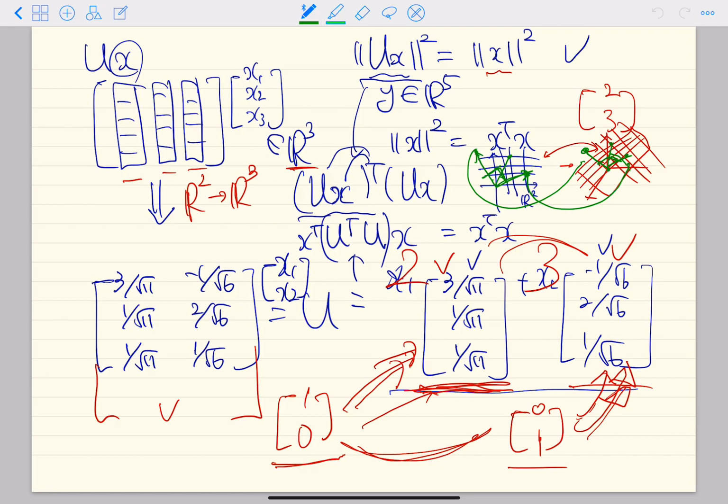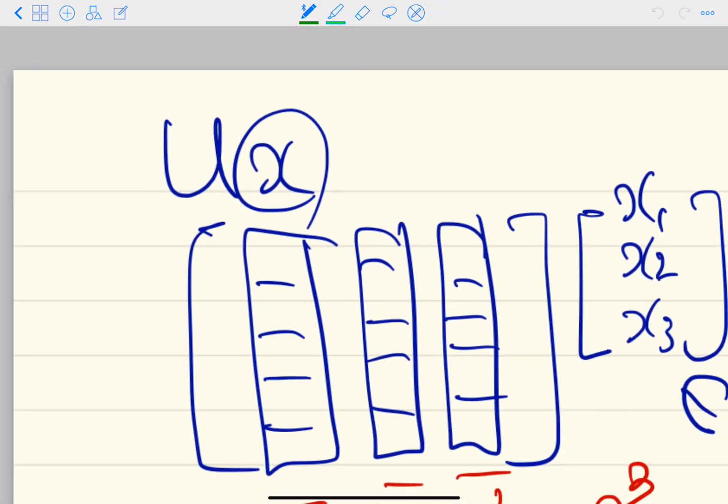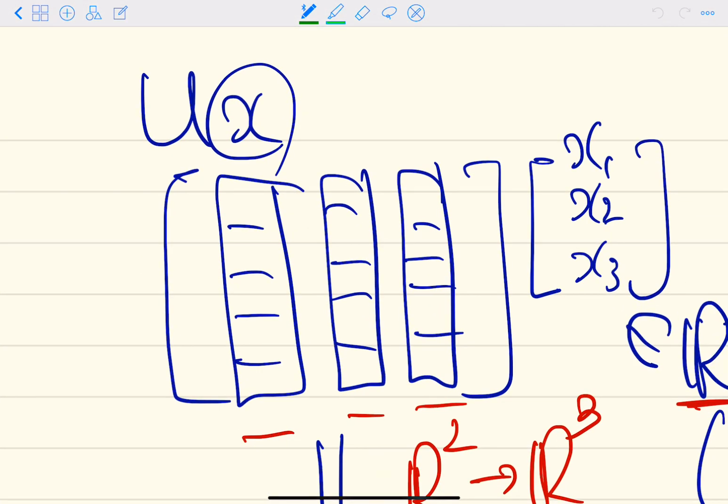So we studied the properties of a matrix having orthonormal columns as a linear transformation matrix, right? We consider U times X, where U contains orthonormal columns.